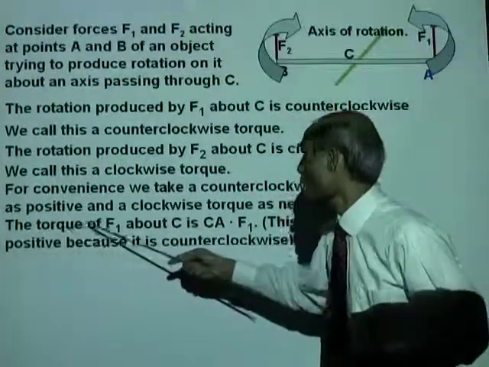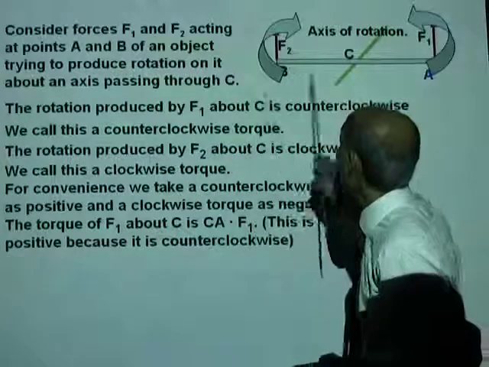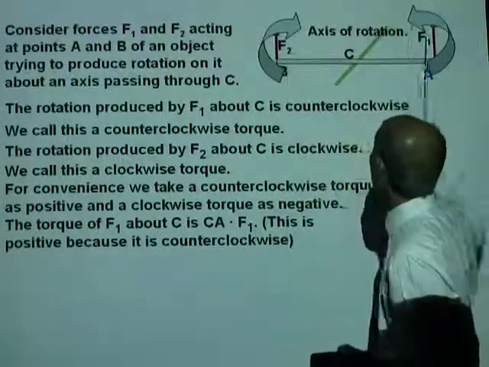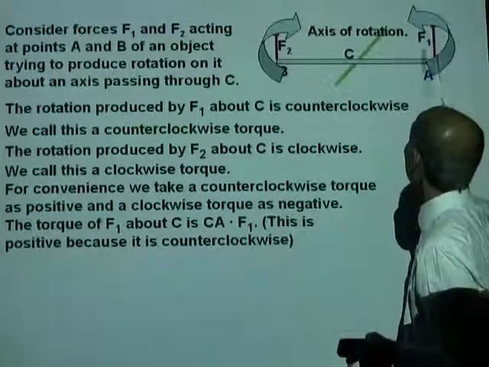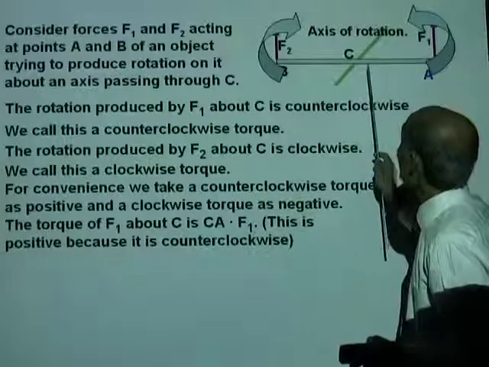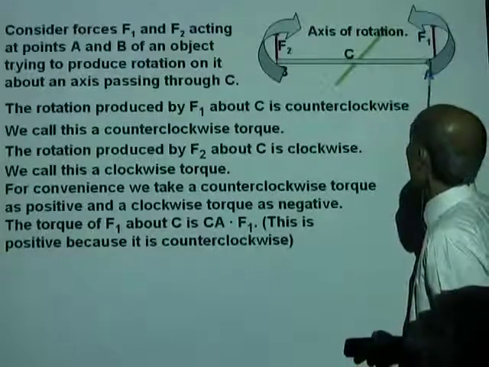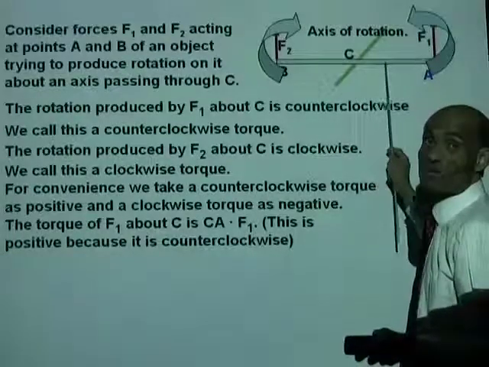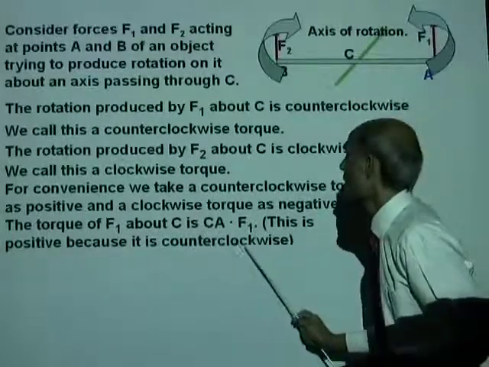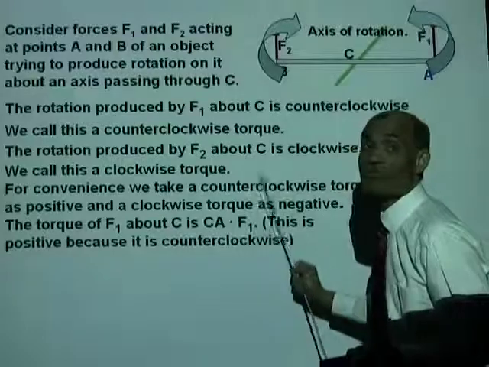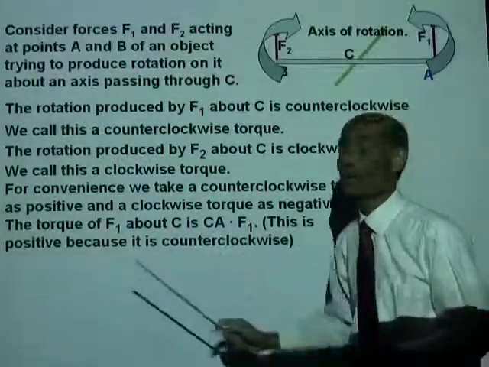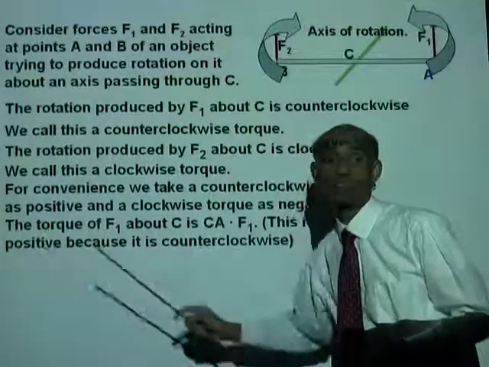Now, what is the torque of F1 about an axis that passes through C? The torque of the force F1 about an axis that passes through C will be the torque arm, CA, multiplied by the force F1. CA times F1, and this is a counterclockwise torque, and therefore it is positive.